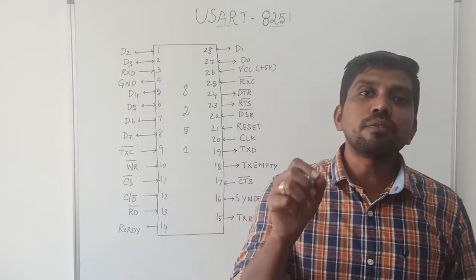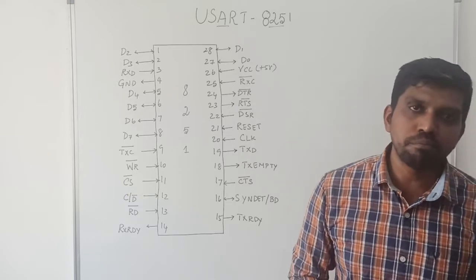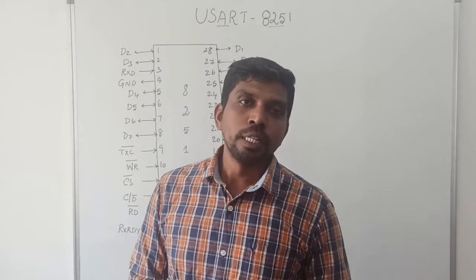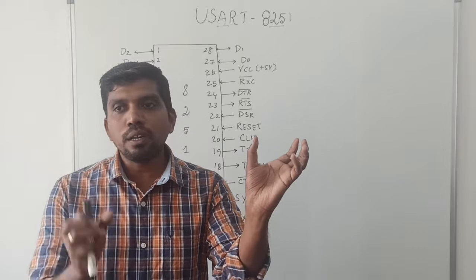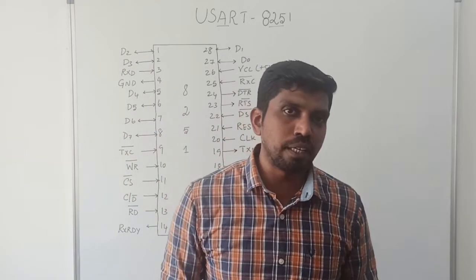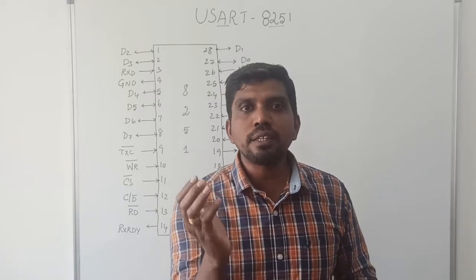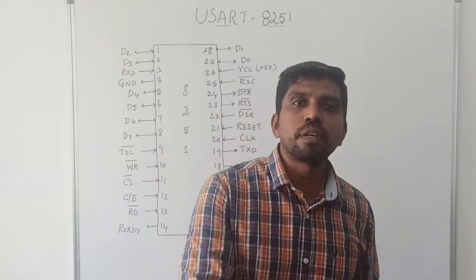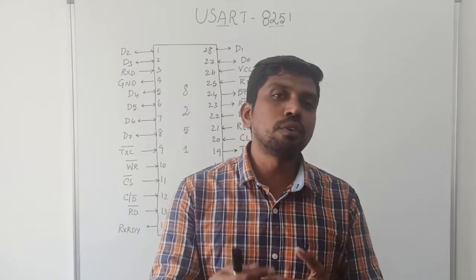So why is an interfacing circuit needed in a microprocessor or microcontroller? Because the characteristics of the CPU and peripheral devices are not matched. If you want to communicate data between the CPU and peripheral devices, you need some conversion of data.